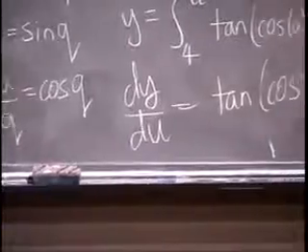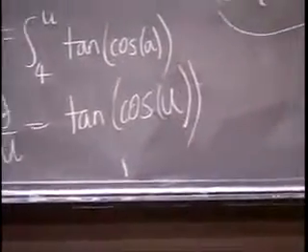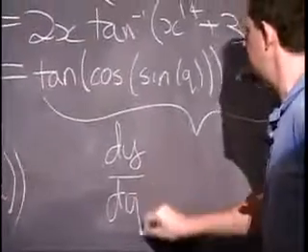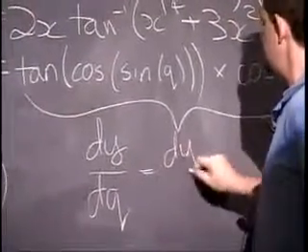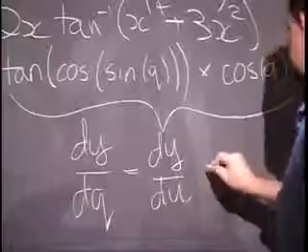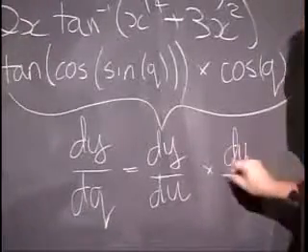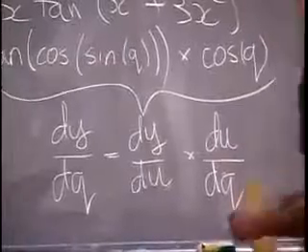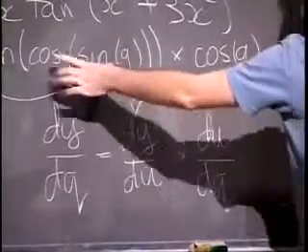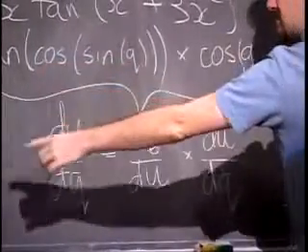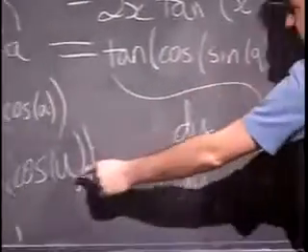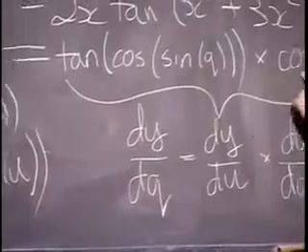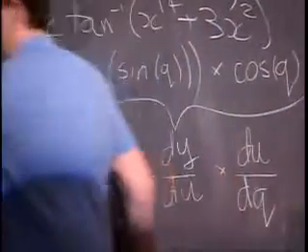So this expression is supposedly dy dq, be careful of your variables, is dy du times du dq. dy du is none other than this, because it's tan cosine u, and u is sine q. And here's du dq, which I got from over here.